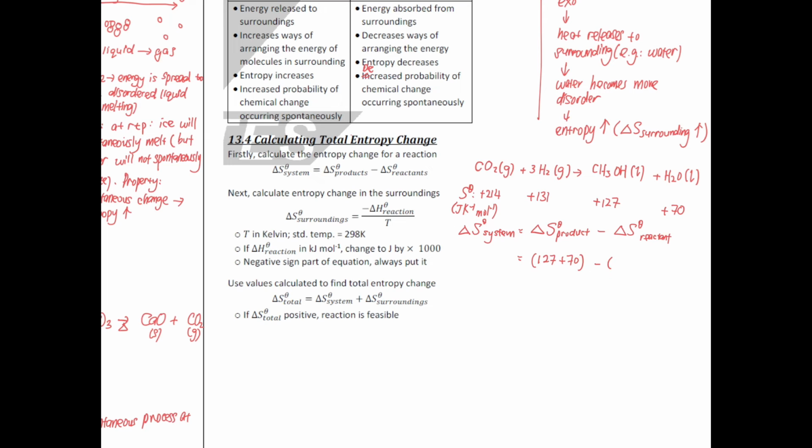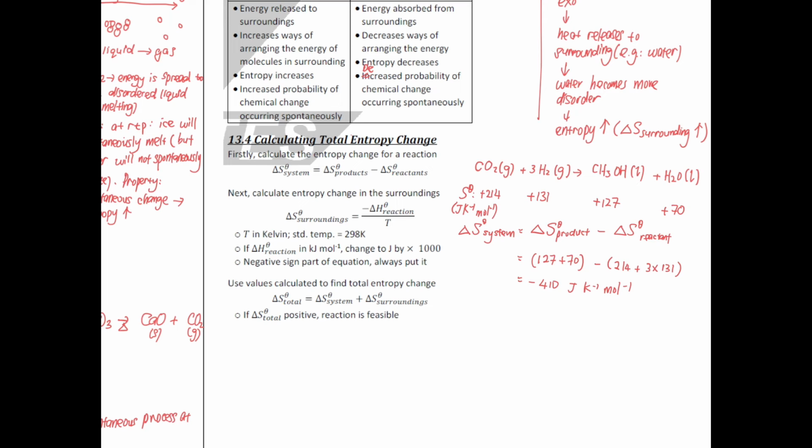We have 214 for carbon dioxide, and for H2, we have 3 H2, so we have to times the entropy by 3: 3 times 131. Then after that, you will get negative 410 joule per Kelvin per mole.